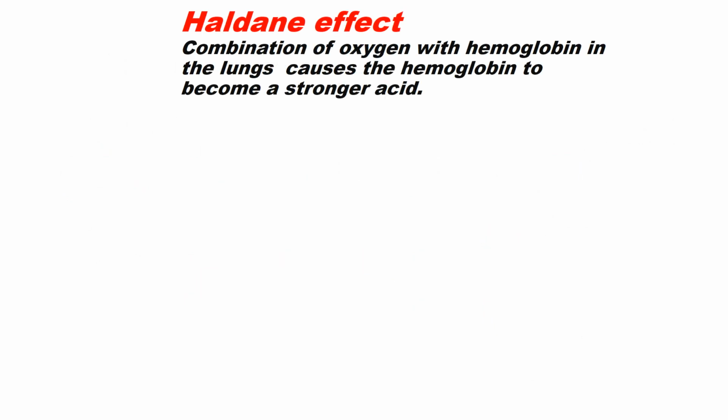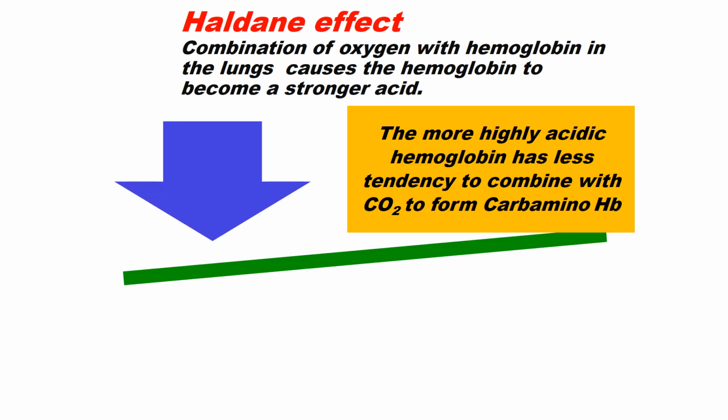The combination of oxygen with hemoglobin in the lungs will cause hemoglobin to become a stronger acid, and this will cause displacement of carbon dioxide from the alveoli in two manners. First, the hemoglobin will become more acidic and therefore will have less tendency to combine with carbon dioxide to form carbaminohemoglobin, as a result of which much more carbon dioxide will be displaced from the blood into the alveoli.